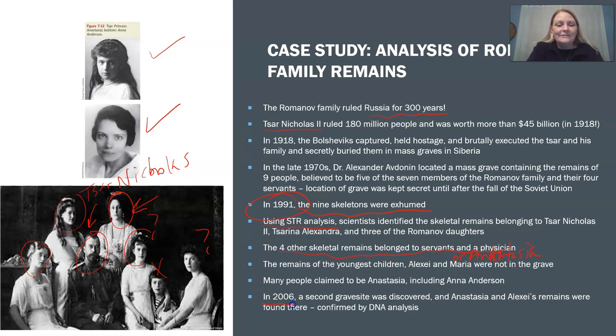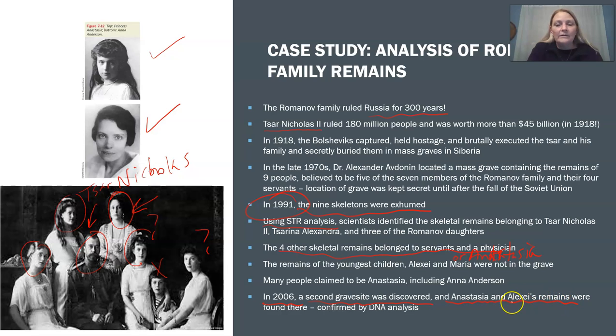But in 2006, 2007, they found a second gravesite and, with more scientists, more DNA analysis, and mitochondrial DNA analysis, they figured out that these were the remains of the missing 2 children.